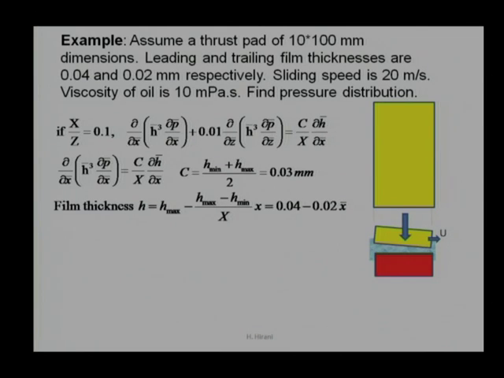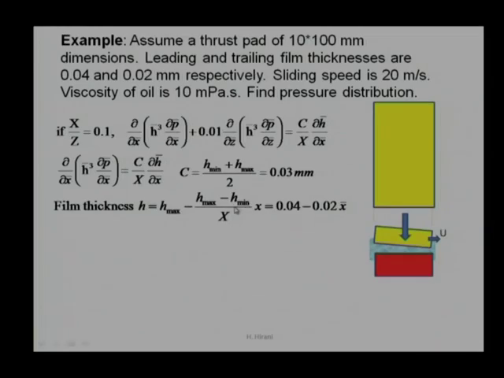So, 40 micron minus 20 micron will be 20 micron, 20 micron divided by 10 mm. If we give it in terms of meter, it is 20 micron divided by 10,000 micron, the ratio will be known.